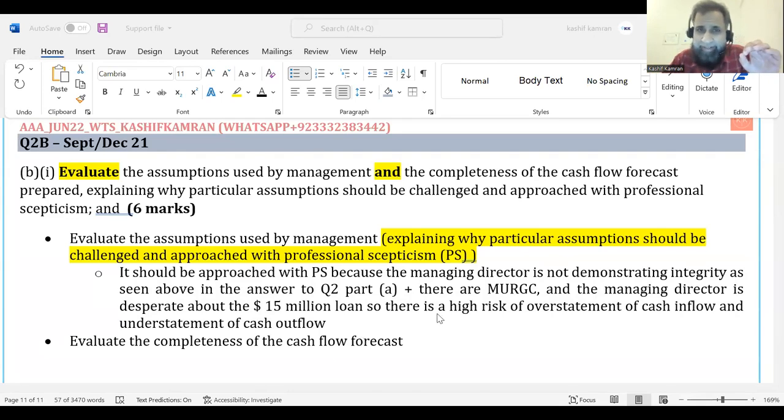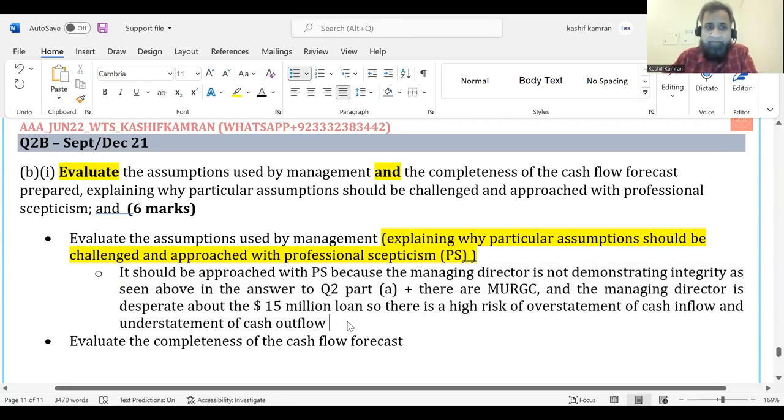And the second thing is that the assumptions given in the cash flow forecast, you will evaluate and challenge. If you believe the assumptions are optimistic, or not right, you need to justify why.